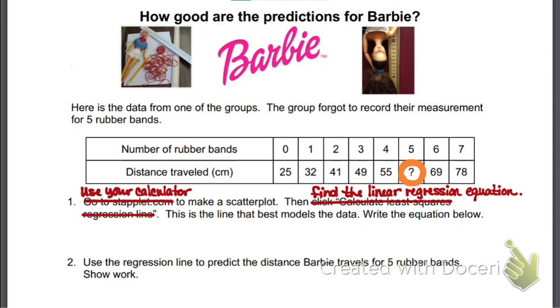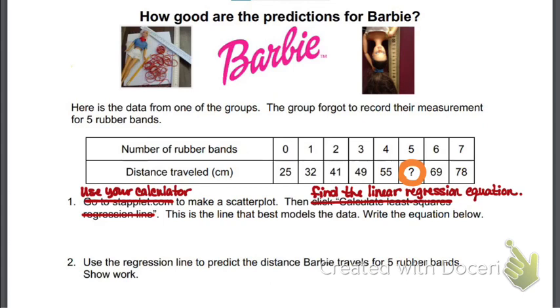Is my B value positive or negative? Positive. So I'm going to put a plus 7.46x. You guys okay with how we got this one?